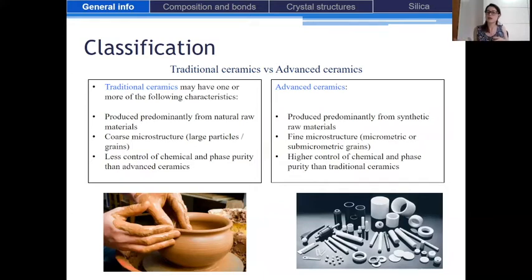On the contrary, advanced ceramics are designed for a specific purpose, as we saw. They have been developed much more recently, and they are produced predominantly from synthetic raw materials. They have a fine microstructure, so with micrometric or submicrometric grains, and a higher control of chemical and phase purity than traditional ceramics.